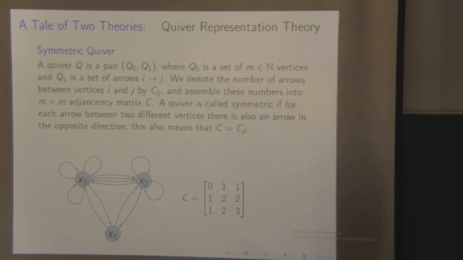For us and the rest of the talk, we will only be concerned about adjacency matrices which are integer valued and symmetric, because those are the ones that appear in this knots-quivers correspondence.